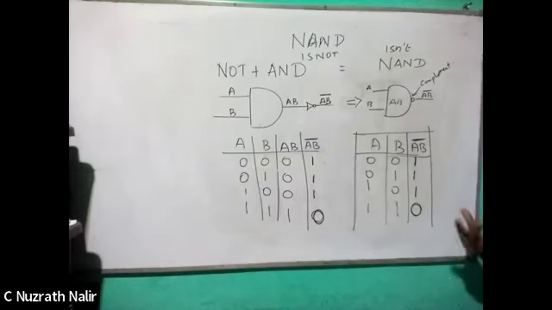Everything is based on those specific digits. It looks similar. So what you can do, you can write down the combinational NAND, NOT AND, and you can write down another small logic gates. Any question, my dear students?